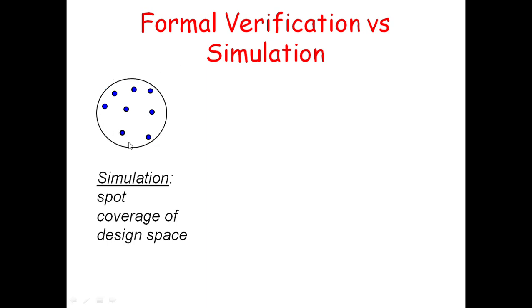So assume the circle represents the whole design space, all possible input combinations, and we test the system for a limited number of input combinations. So it doesn't cover all the design space, and the reason is that it is simply not possible within limited resources.